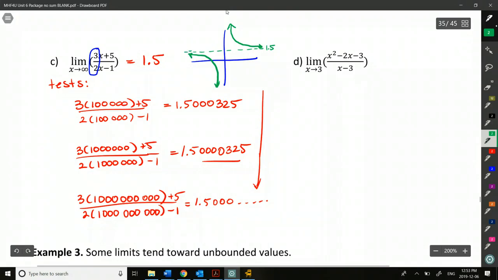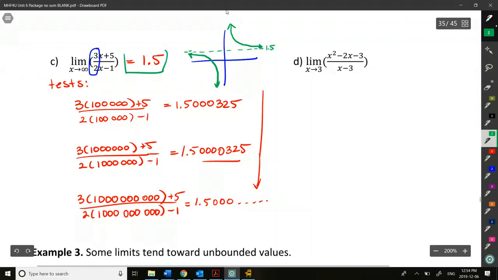No matter which way I'm going, I'm getting closer and closer to that asymptote. So that's why it ends up being 1.5 for this one.